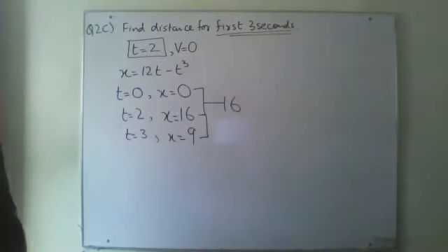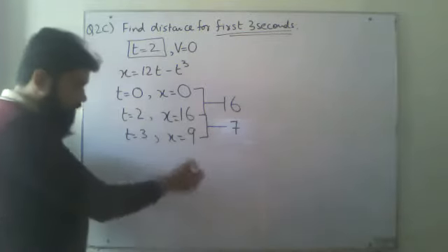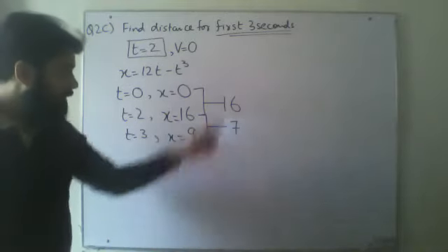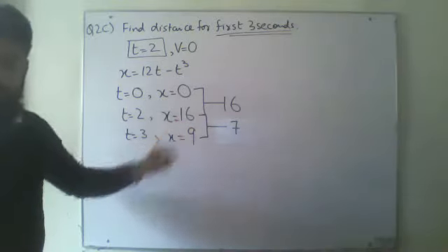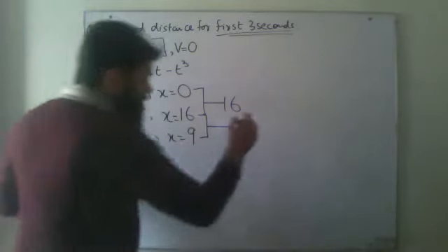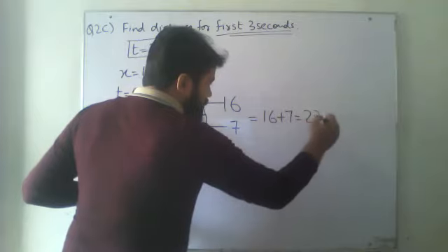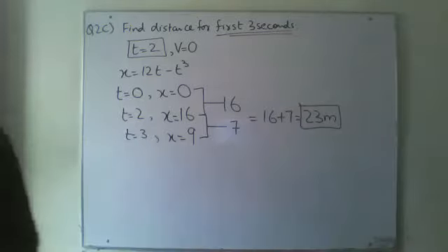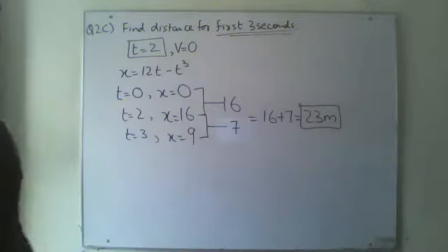The difference is coming 7. No other value is given. You have got the differences, 16 from the first two, 7 from the last two. Add the differences: 16 plus 7, 23 meter. Final answer. No working is needed, no drawing is needed. This is how you are going to get your final answer.